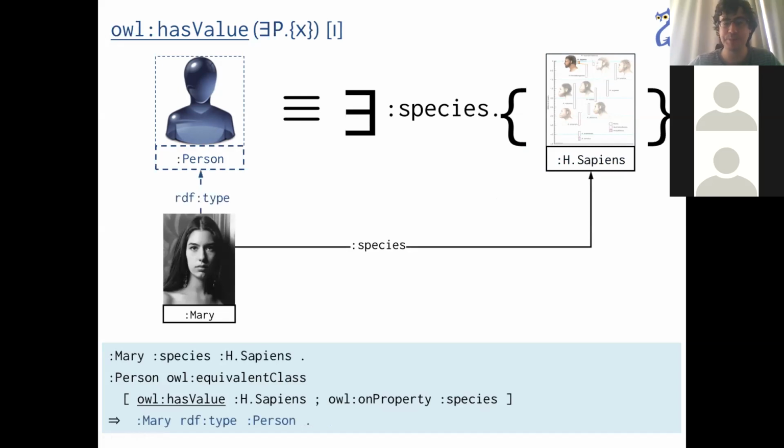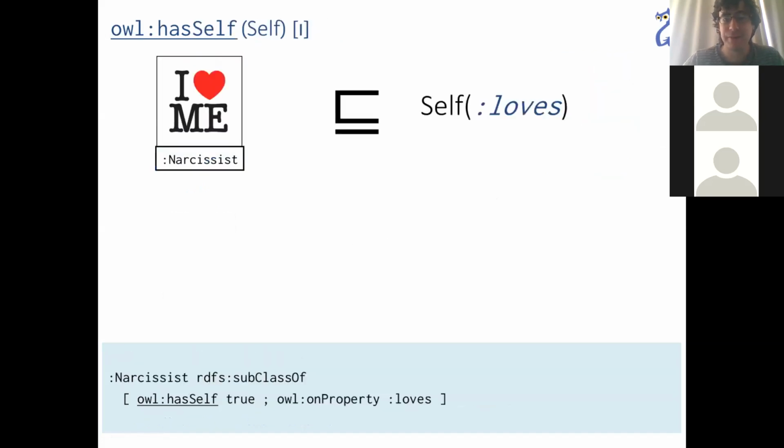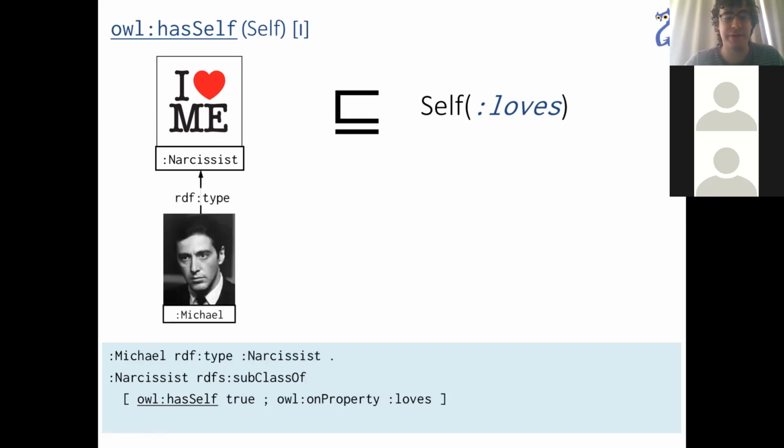Okay. So has value. Has self. Essentially, this defines that if something has some relation to itself, then it's an instance of a class, for example. So we say here a narcissist. If something is a narcissist, then it loves itself. Okay. So for example, if Michael is a narcissist, then Michael loves himself.